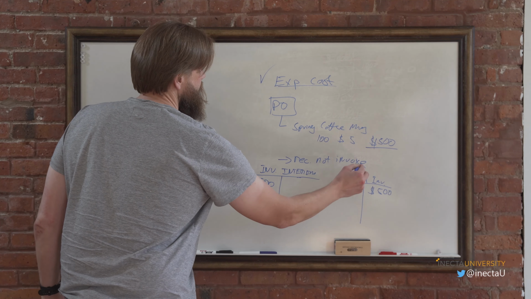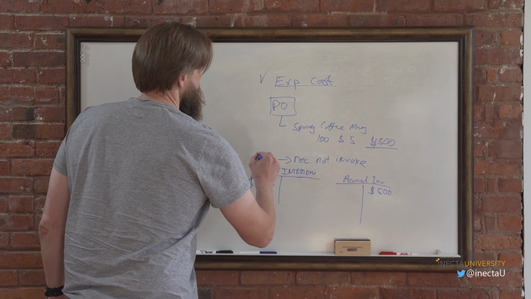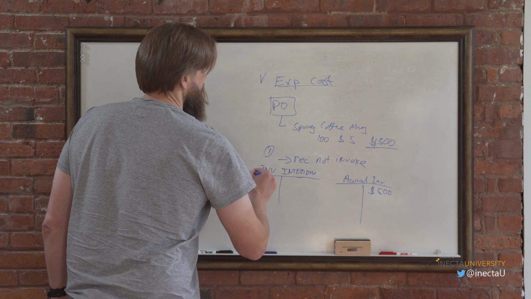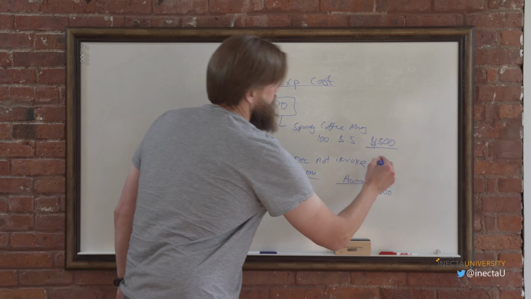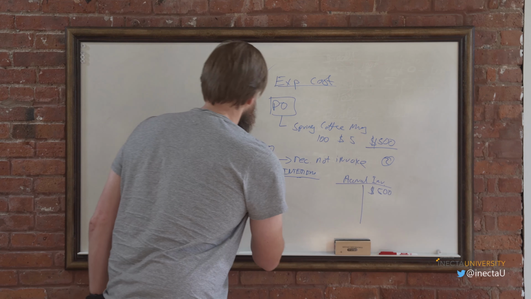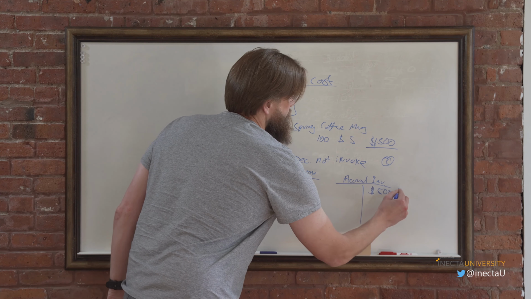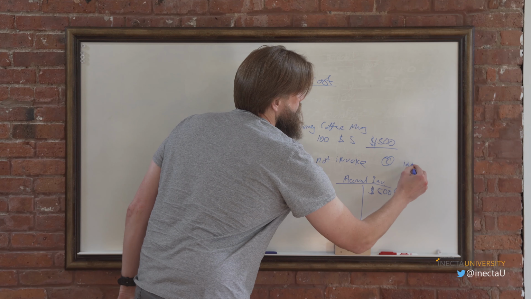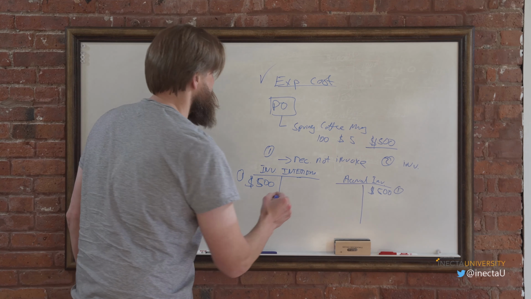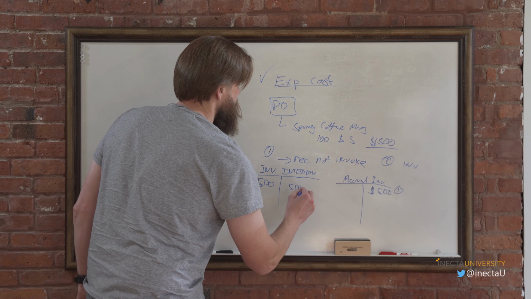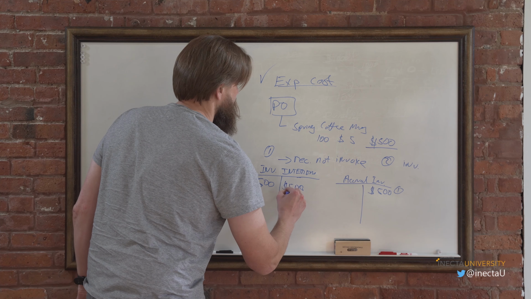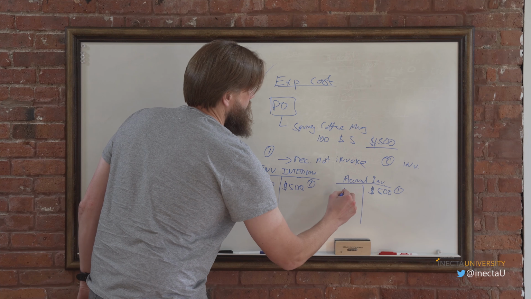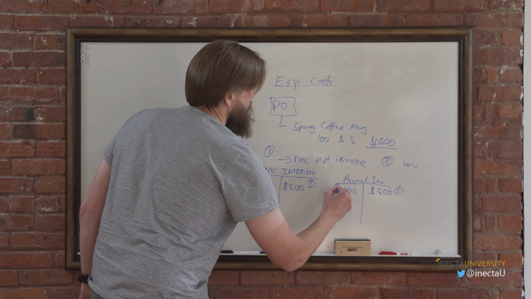So this is receive not invoice, and let's say that's step number 1. And then when you invoice, let's say number 2. So this is number 1, this is number 1, number 2 is invoice. Then what happens is 500 gets posted here. So that's 2, 500 here, 2.